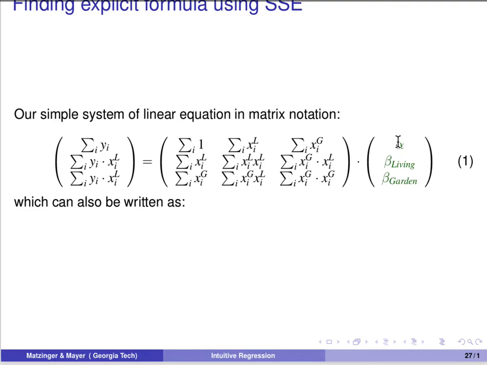So for finding this, even if I have hundreds of houses or a million, this is a ridiculously small system of three linear equations with a matrix of 3 by 3, and these sums will just be a number.